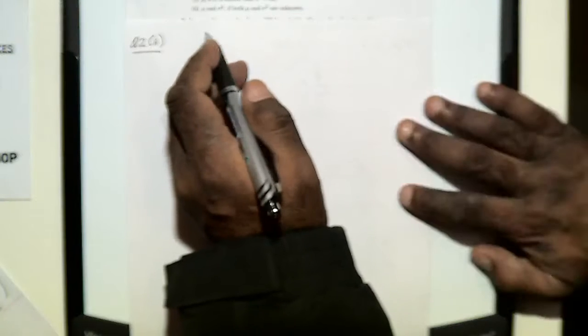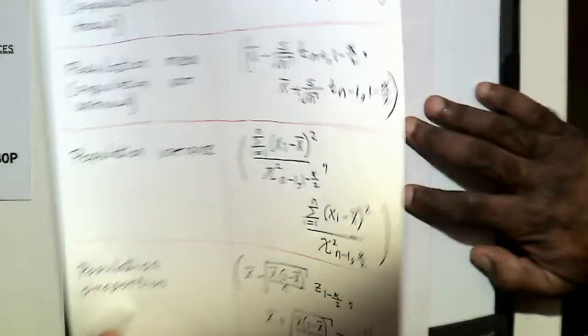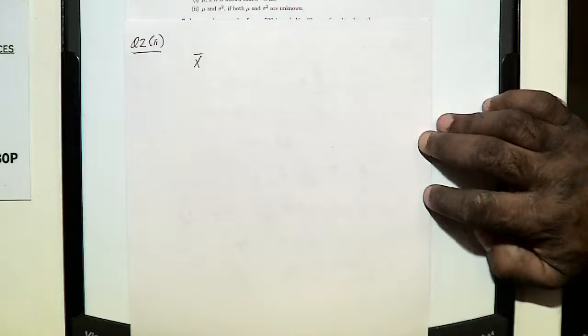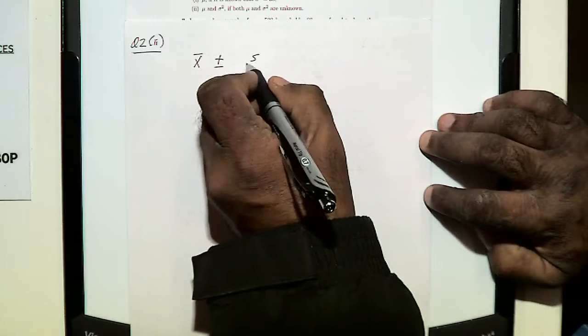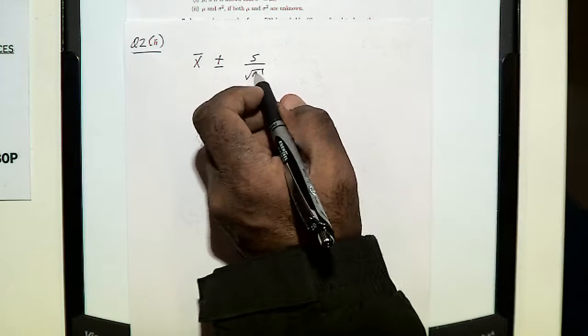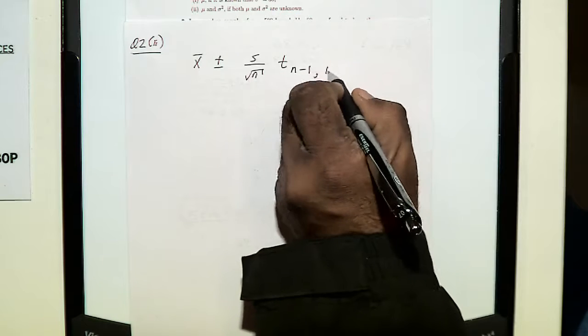The formula that we need to use is the second formula on this sheet. It's going to be x bar plus or minus s divided by square root of n times t_{n minus 1, 1 minus alpha by 2}. Remember, s is the sample standard deviation.